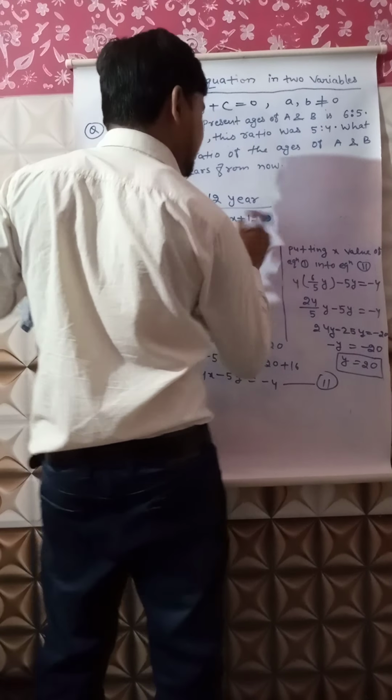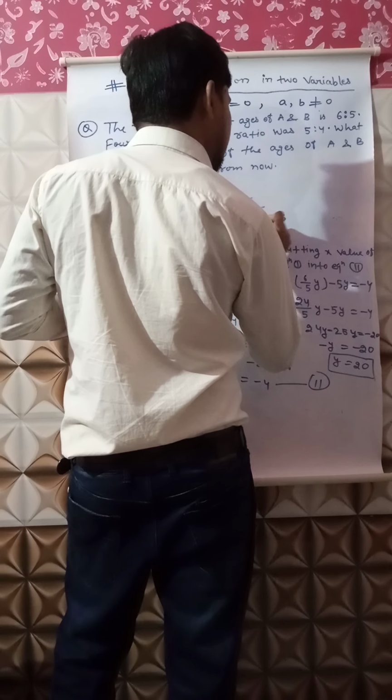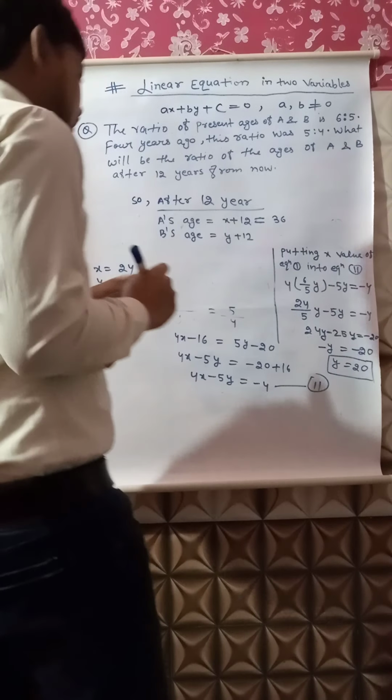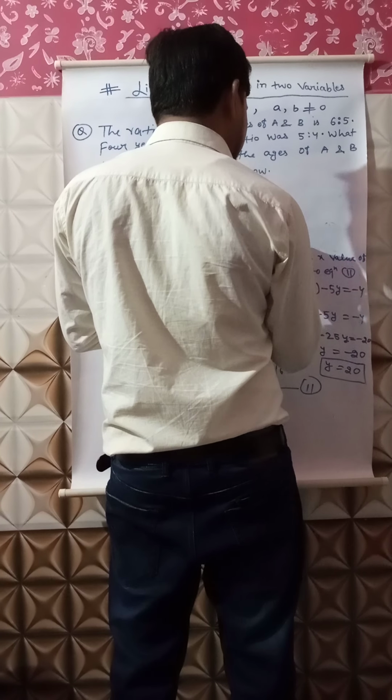So 24 plus 12 is 36 and the y value is also calculated. Y is 20, so this will be 32.